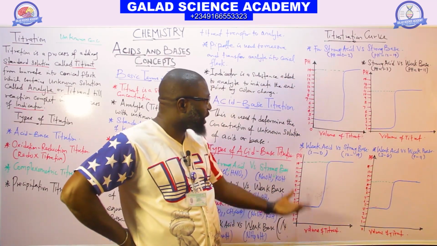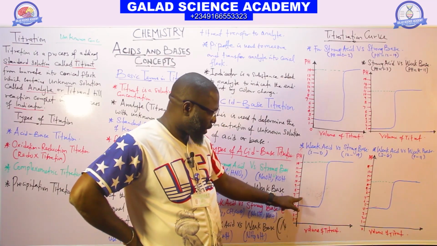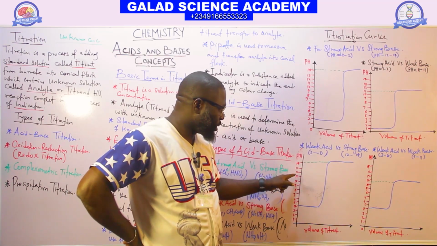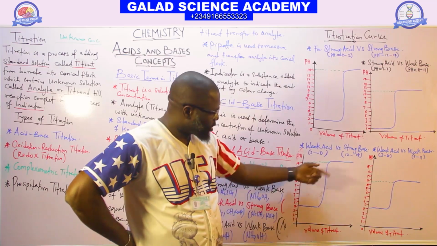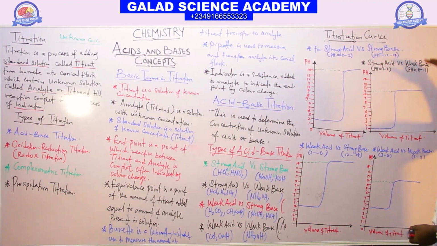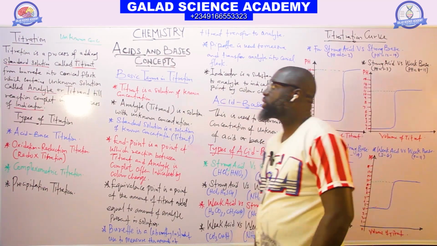Weak acid starts from 3, 4, 5, 6. And the strong base is 12, 13, 14. So if it's for strong acid and weak base, from the beginning and here, weak, this is the curve.